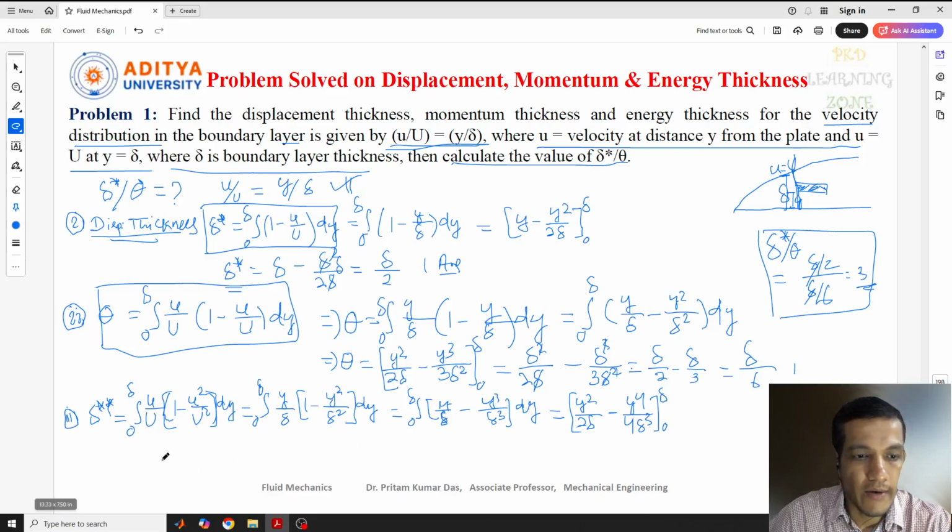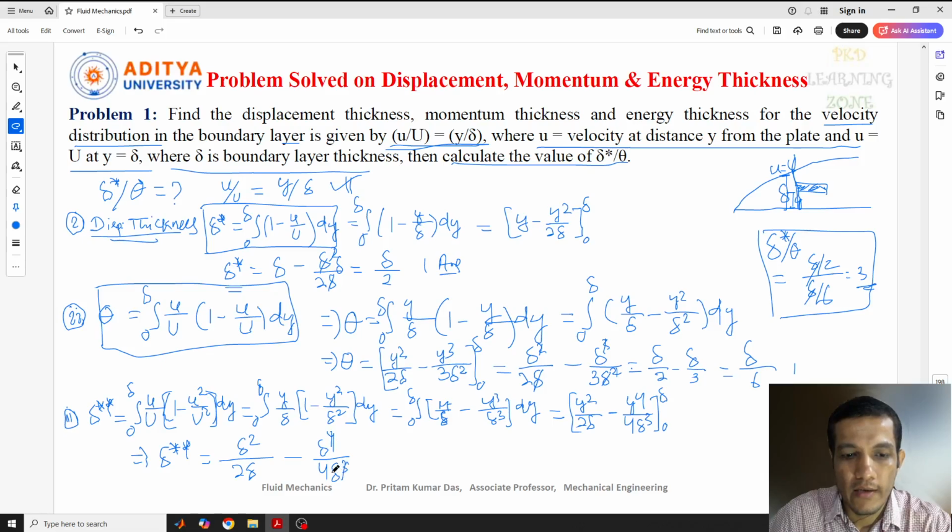Now what we'll do here, finally I'll write delta double star equal to, just put the value of upper limit and lower limit. Upper limit is delta, so we can keep the value delta square by 2 delta. Lower limit is 0, so no need, minus again delta to the power 4 divided by 4 delta cube.